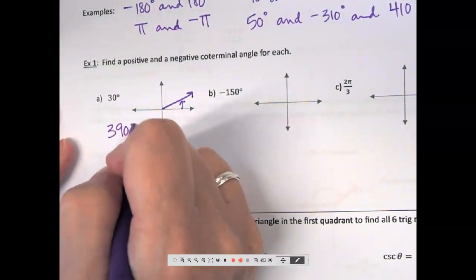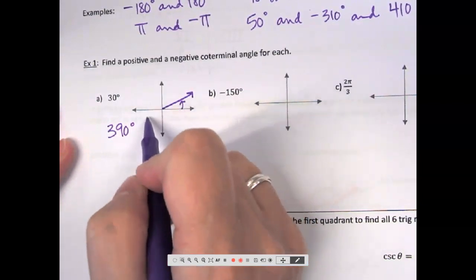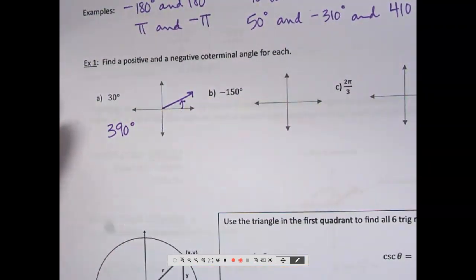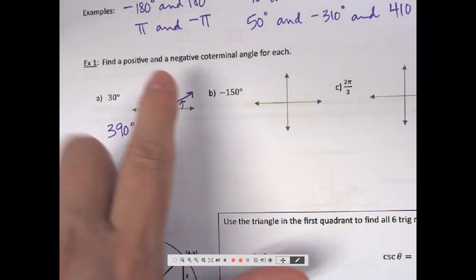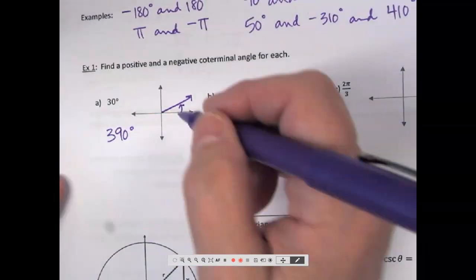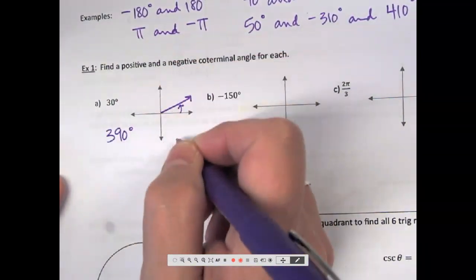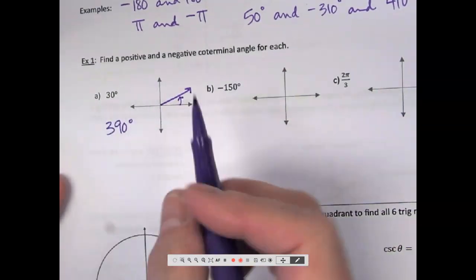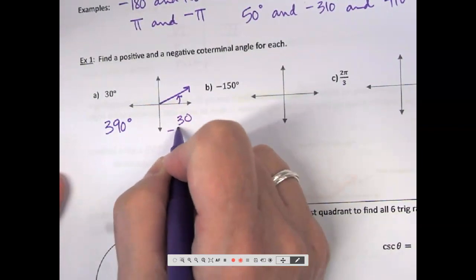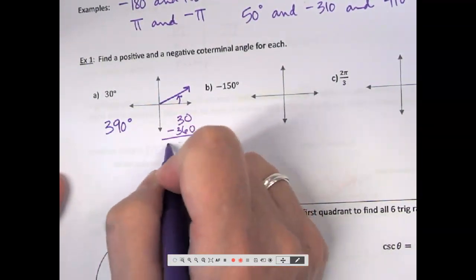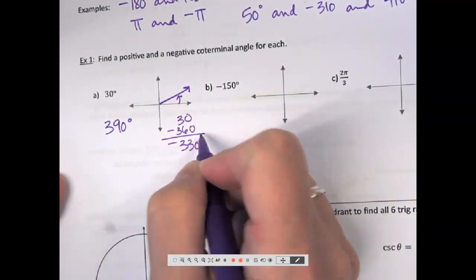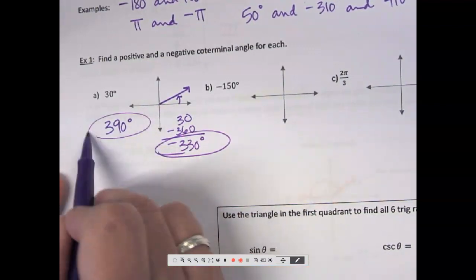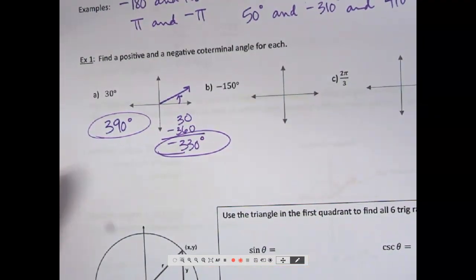So I'm just adding one more circulation, which is 360 more degrees. Okay, but to find a negative, then I would just go one circulation clockwise, which is negative 360. So what is 30 minus 360? Negative 330. So there's a negative and there's a positive coterminal.